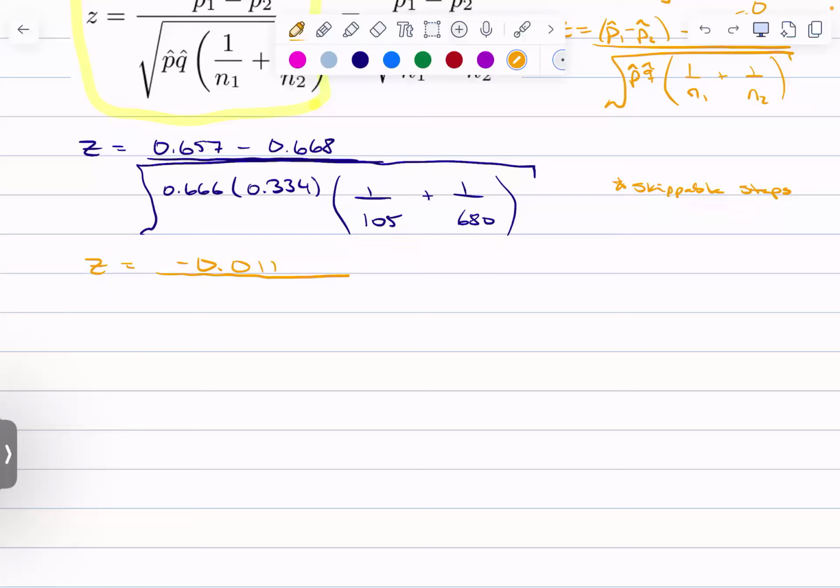Let's see here. 1 over 105, let's start there: 0.0095238. I'm going to store that.